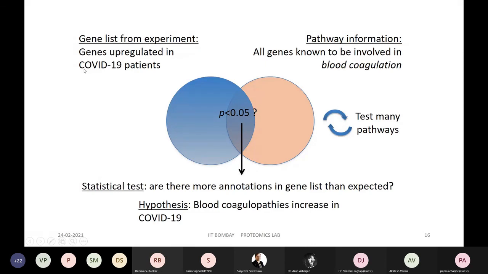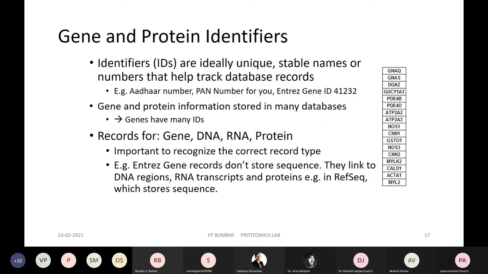We took blood samples from COVID-19 patients, and we wanted to know what happens. The pathway analysis told us that genes involved in blood coagulation are altered. We did more statistical analysis and arrived at the hypothesis that blood coagulopathies increase in COVID-19. Any experiment you do for your study, you would also start from a similar strategy.